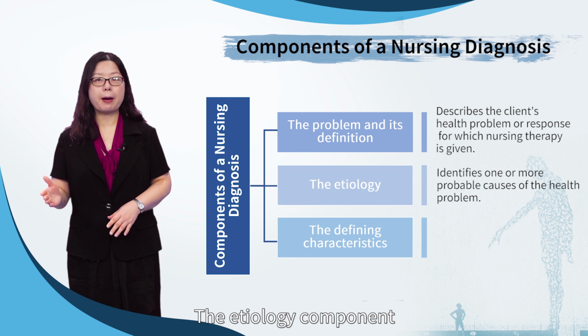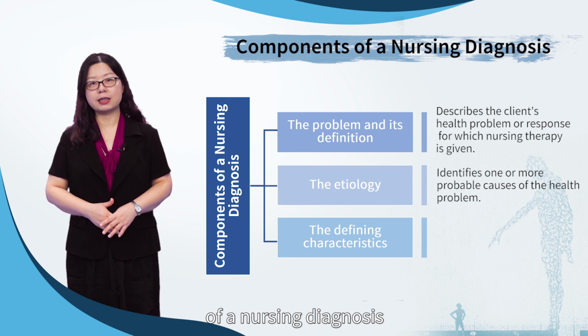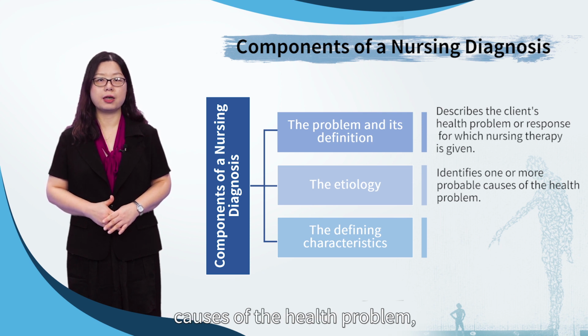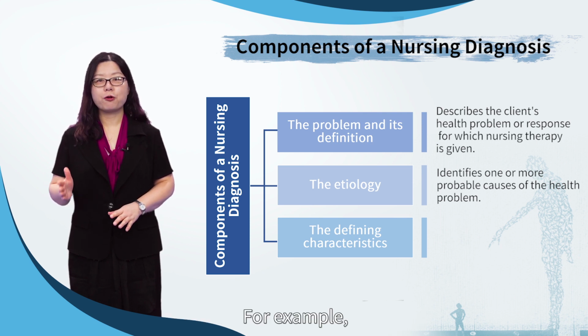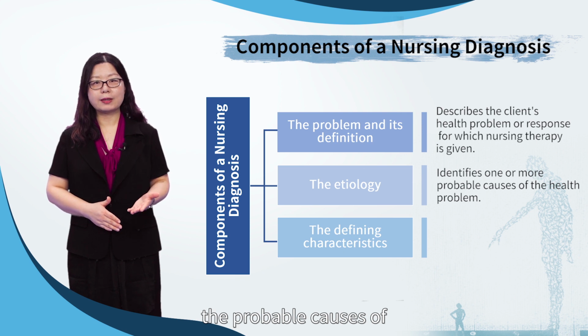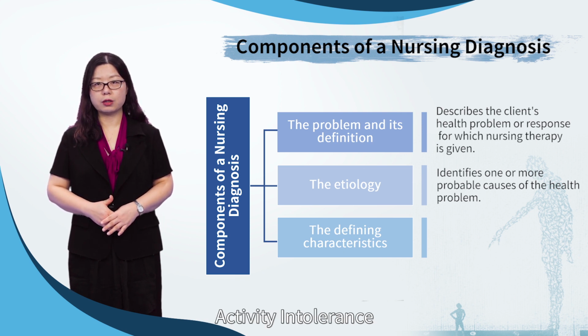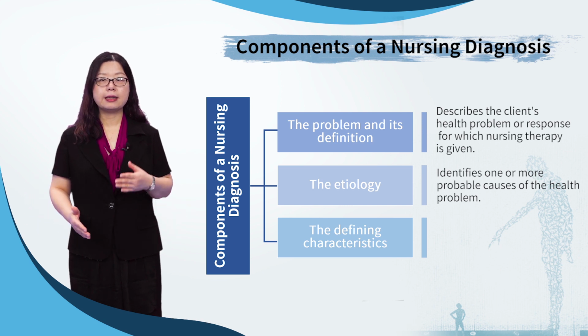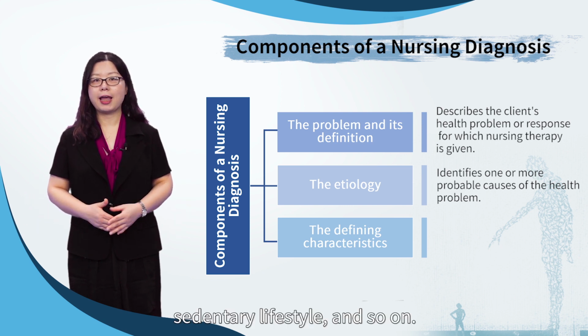The etiology component of a nursing diagnosis identifies one or more probable causes of the health problem. For example, the probable causes of activity intolerance include generalized weakness, sedentary lifestyle, and so on.